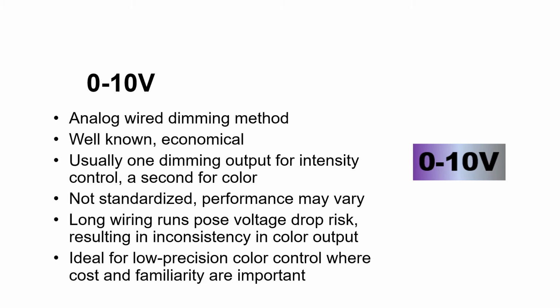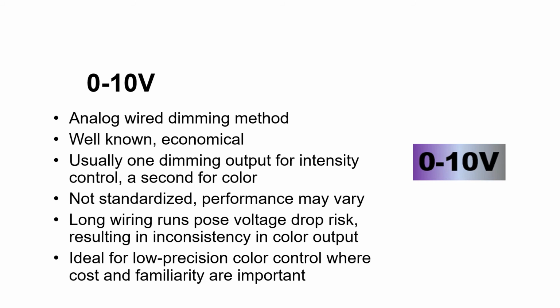0 to 10 volt is an analog control signal produced through the voltage on the control wires ranging from 0 to 10 volt in the US. For color changing luminaires, there's typically one 0 to 10 volt dimmer or dimming channel on a larger control system to raise or lower the light level, and a second 0 to 10 volt dimmer or dimming channel to control the color. This is a control protocol originally designed to dim fluorescent lamps, and it's familiar on commercial job sites and fairly inexpensive.